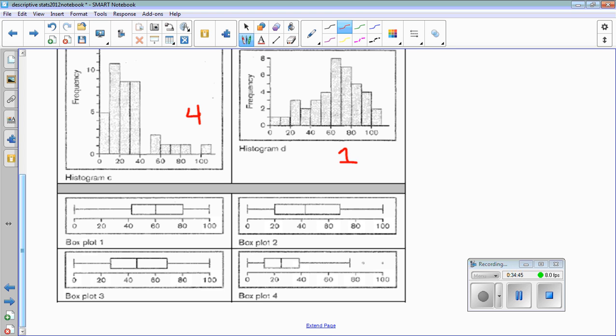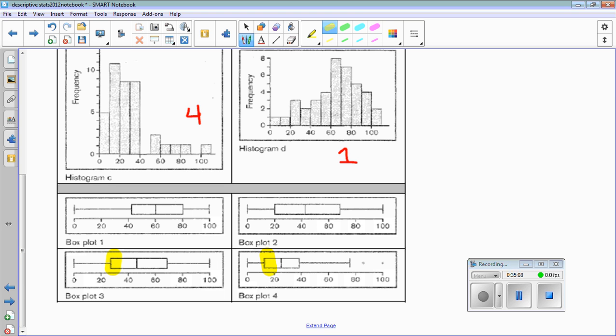Now, when we look at 2 and 3, as far as box plots go, really the only difference between the box plots is what? Which whisker? Right. Where the first quartile is really the difference.